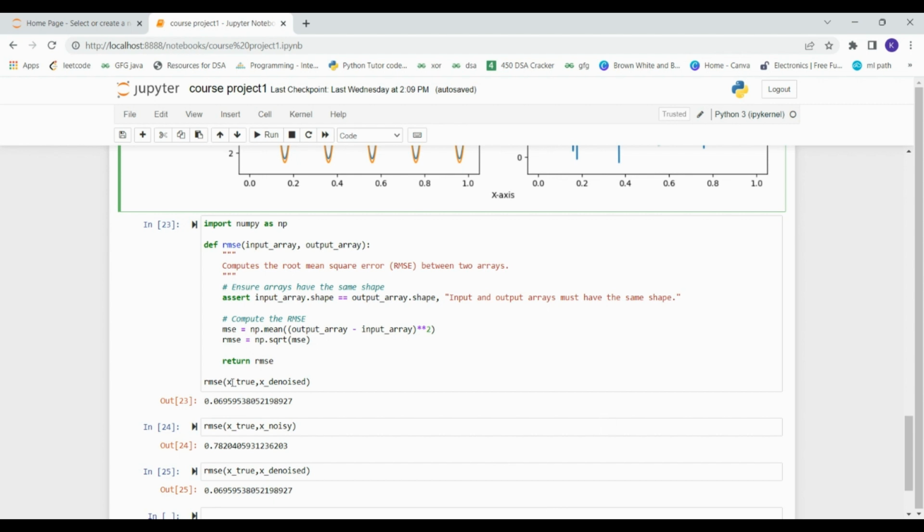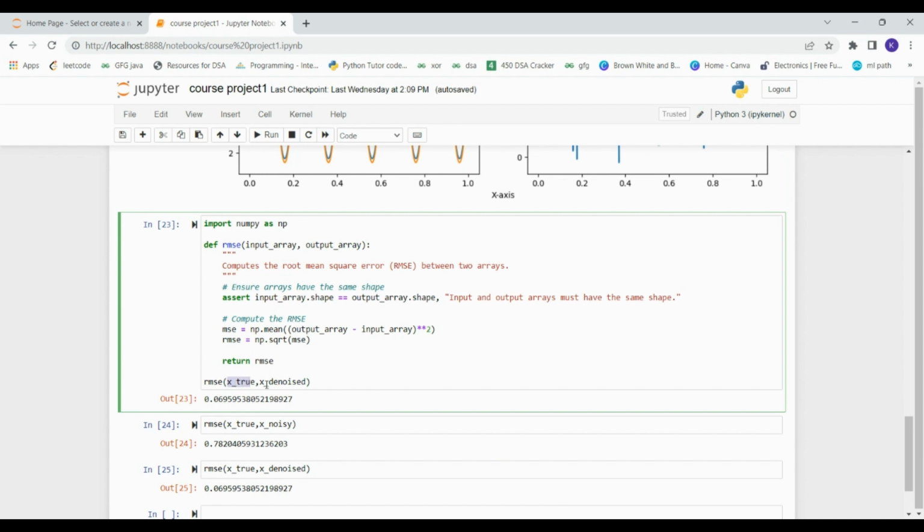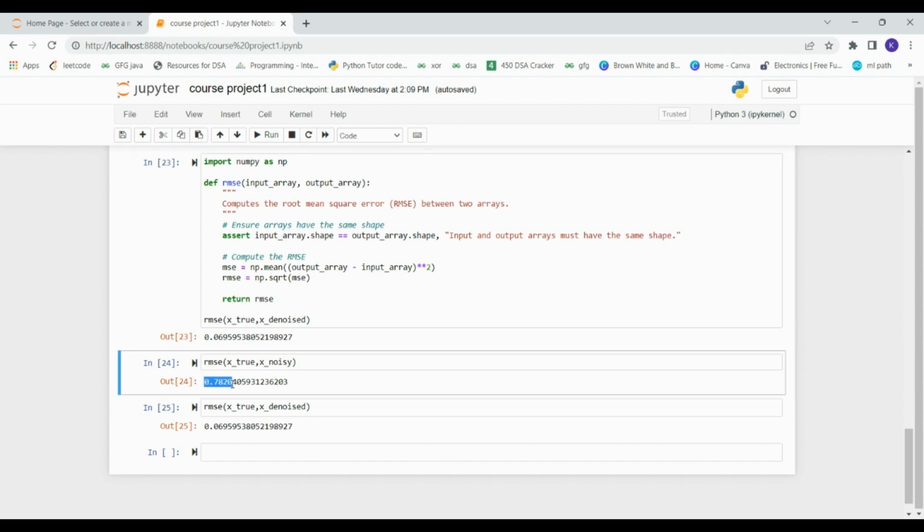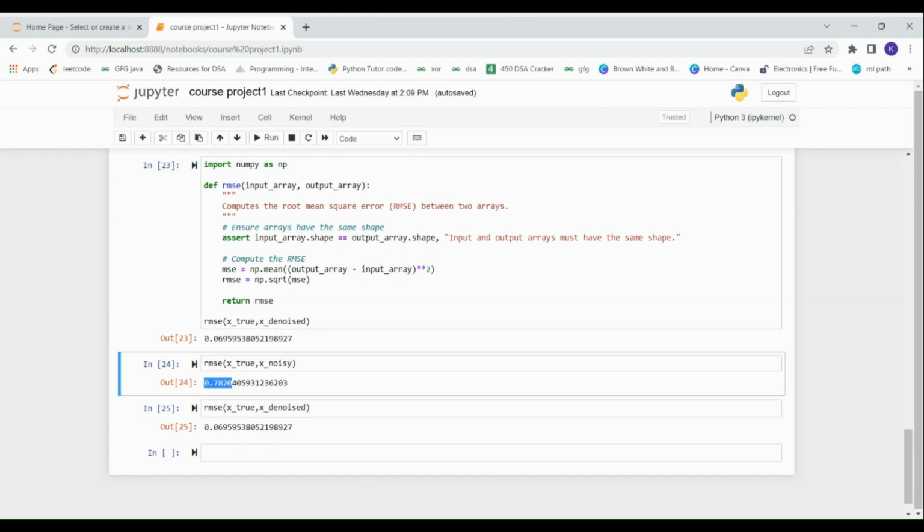Now I'm getting between true signal and denoised signal a difference of 0.69 units. But between the true signal and the noisy signal, the difference is 0.78. So by using least square method, I've decreased the error from 0.78 to 0.69.